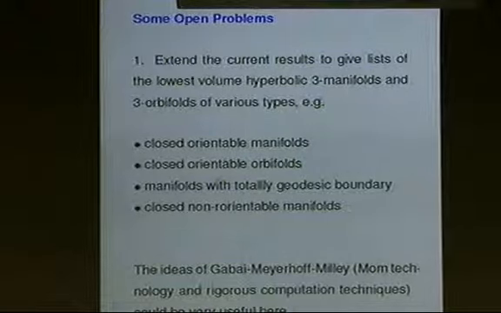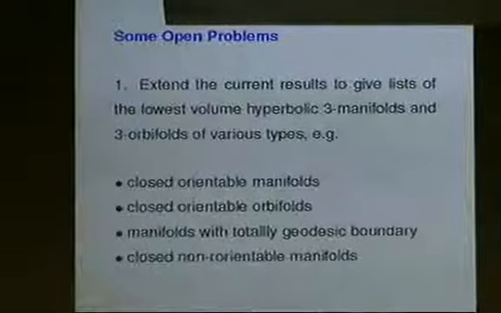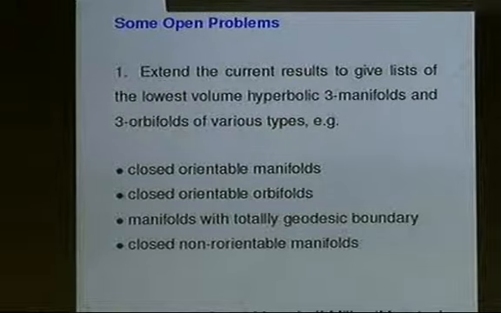From the sort of things that we were talking about, one obvious problem is to try and extend the current results to give lists of low volume hyperbolic manifolds and orbifolds of various types. At this stage, the lowest volume manifolds of some interesting types have been identified, but there are only a very few at the start of the list that are actually proved to be lowest volume.